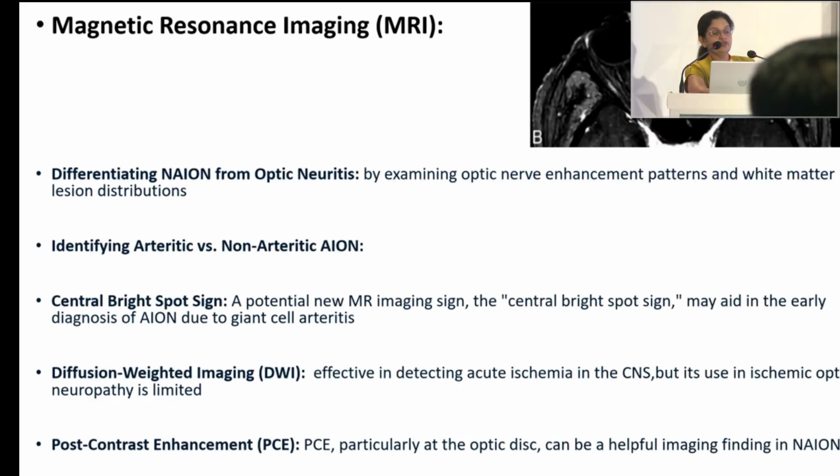In MRI, we can differentiate NAION from optic neuritis as I previously mentioned, and identify arteritic from non-arteritic anterior ischemic optic neuropathy.